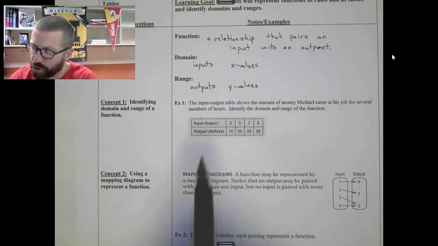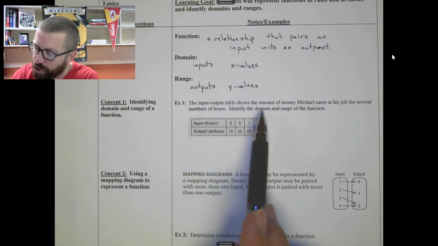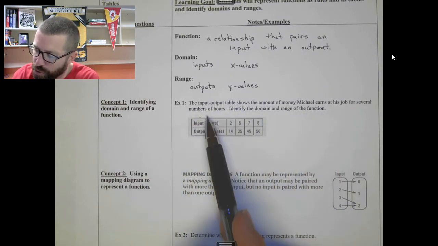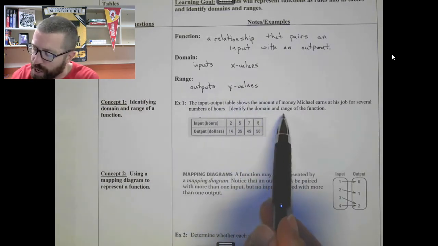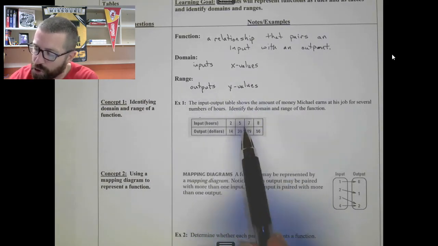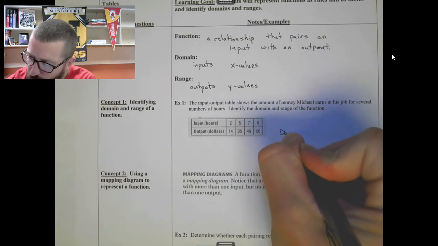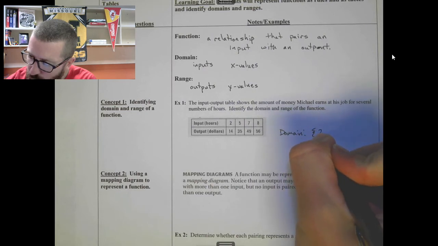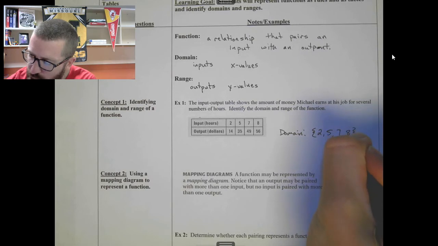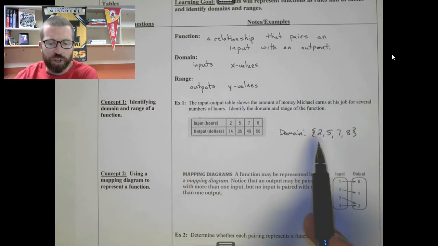Okay, so the first thing is just to make this connection between inputs, outputs, domain and range. In this first example, the input-output table shows the amount of money Michael earns at his job for several numbers of hours. So this is a function. Identify the domain and range of the function. The domain is 2, 5, 7, and 8. You can put fancy curly brackets around it.